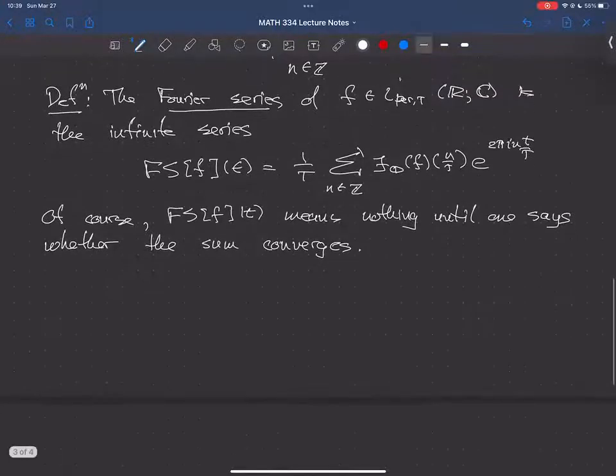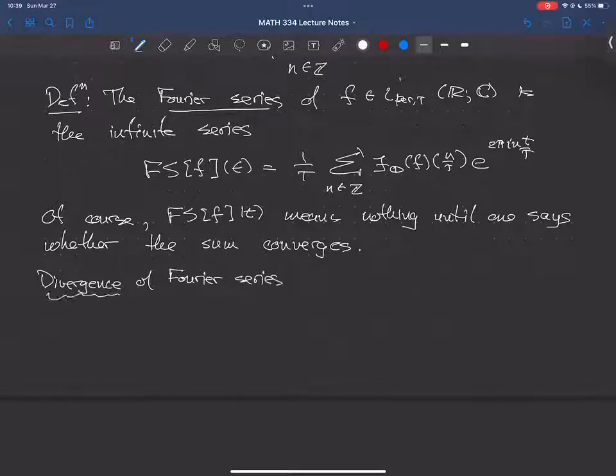Okay, and so divergence of Fourier series. This is a subject with a long and distinguished history. All right, so there's some real content here.